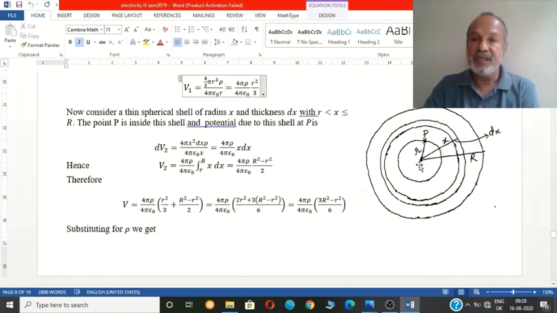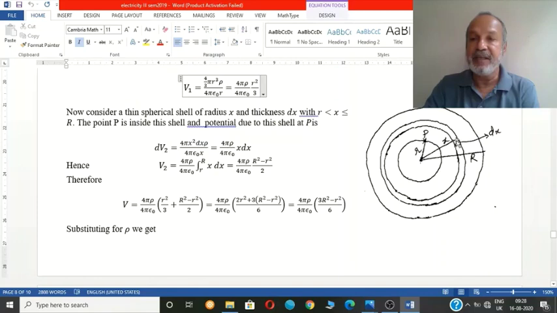So potential at the surface x will be Q by 4 pi epsilon 0 x, where Q is the charge contained within the shell. So within the shell, how much charge? For that, let us find the volume of the shell. Volume of the shell is area into thickness.